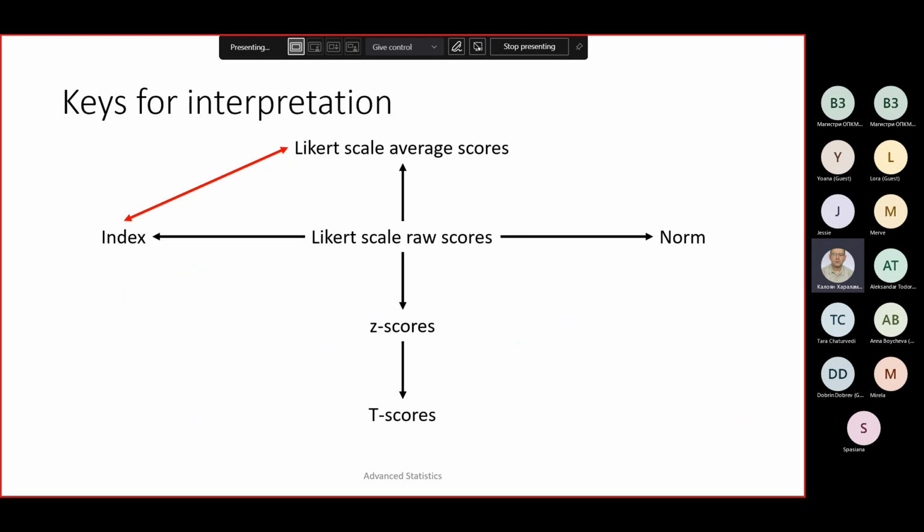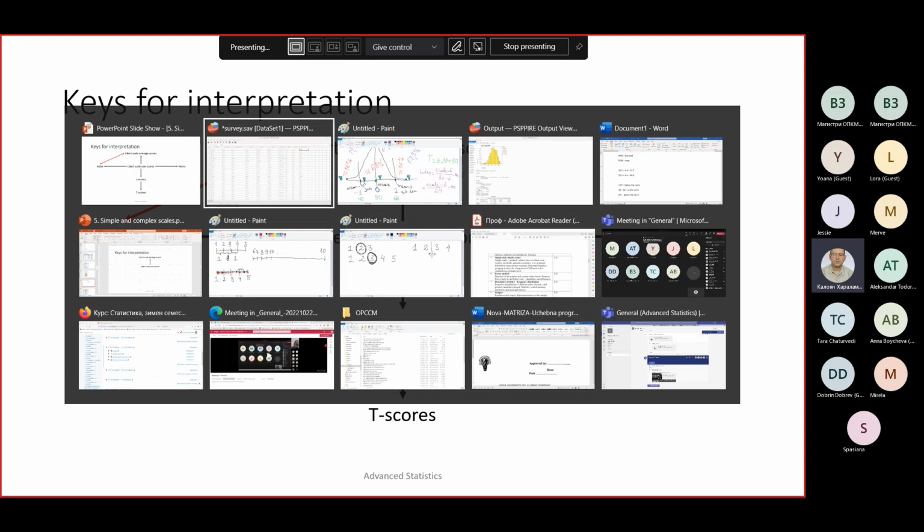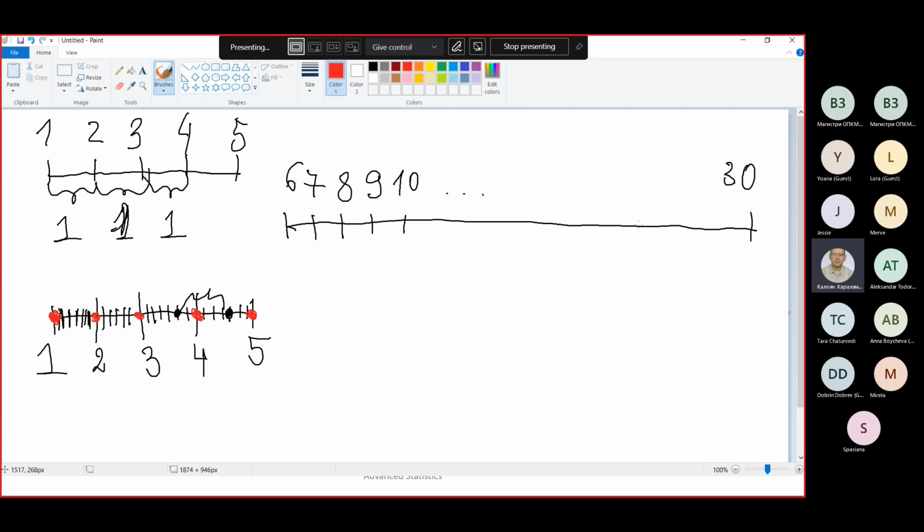In the first case, when we calculate average scores, we use the number of items, the number of statements. Here we divided scale by 6, but 6 is the number of items, and this number is constant.